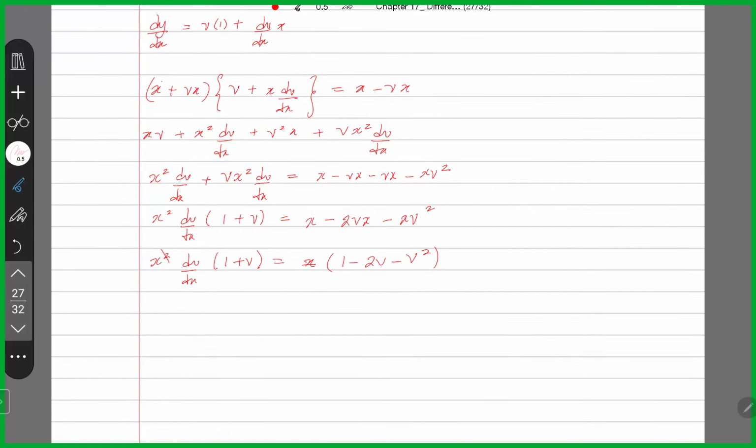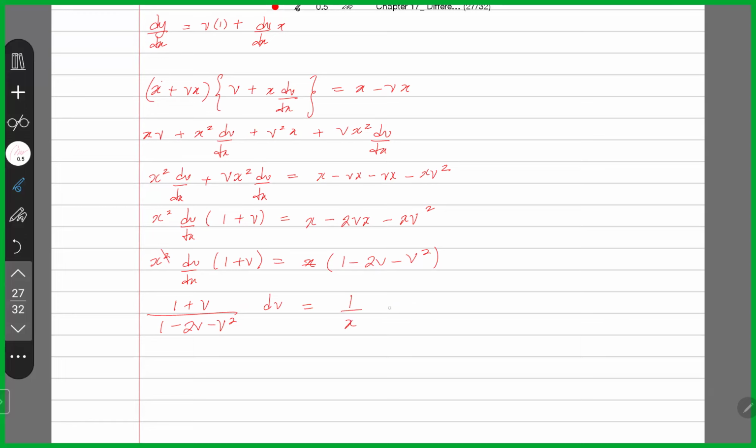We have (1 plus v) over (1 minus 2v minus v squared) dv is equal to 1 over x dx. So that's variable separation. If we integrate both sides, essentially we'll be able to solve the differential equation.